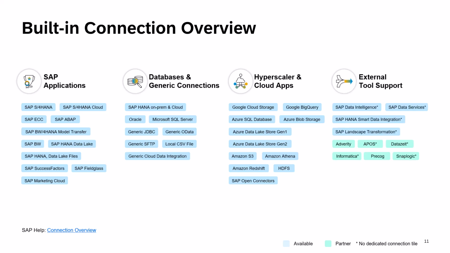And then the external tool support, as I mentioned. Of course, we're supporting our own tooling here with Data Intelligence, with Data Services, SDI, SLT, but also partner solutions. Some of them have their own dedicated connection tiles, but not all of them, right?